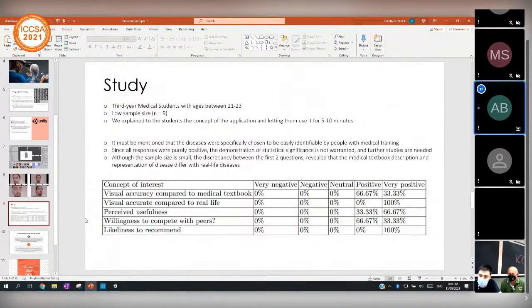But as you said, nine students is not that much, and we need to collaborate with a medical faculty in order to increase our sample size by some margin. Okay, thank you so much.